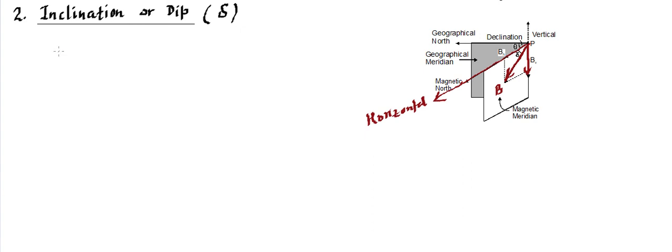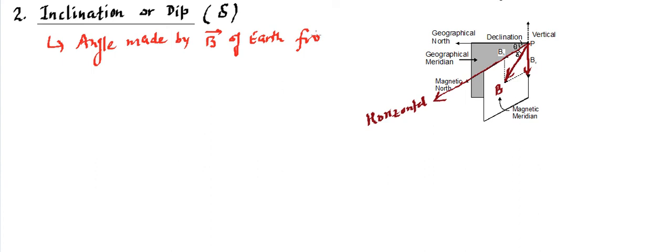This is going to be written as: angle made by the resultant magnetic field, I'm writing B, B is the resultant magnetic field of Earth, from the horizontal direction.